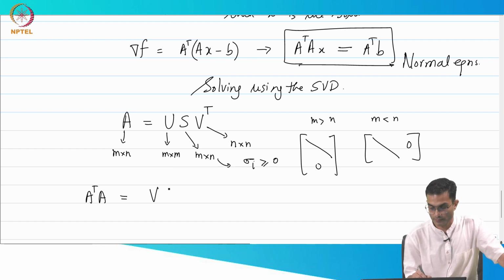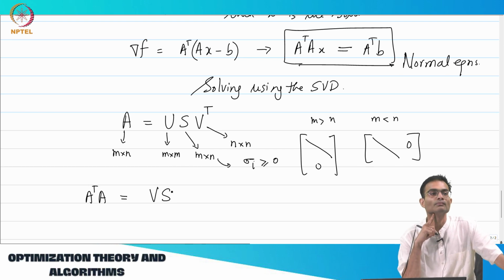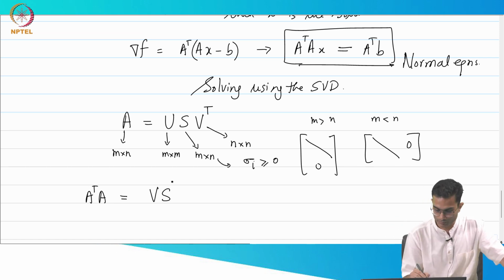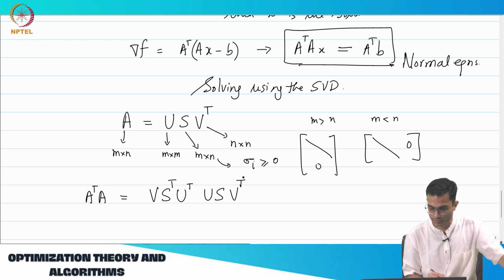V S transpose. Is there a need for me to put a transpose on S? Yes, because it's not square. Next comes U transpose, and now this is getting multiplied by USV transpose.